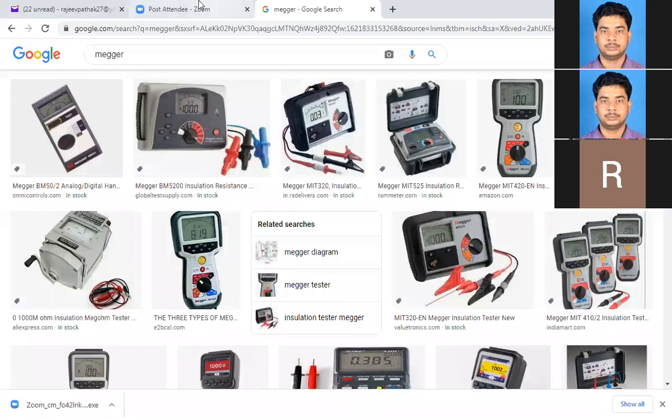Most industries use the Megger for the measurement of high resistance, because it is small in size and portable, and you can carry it anywhere for measurement of insulation resistance.